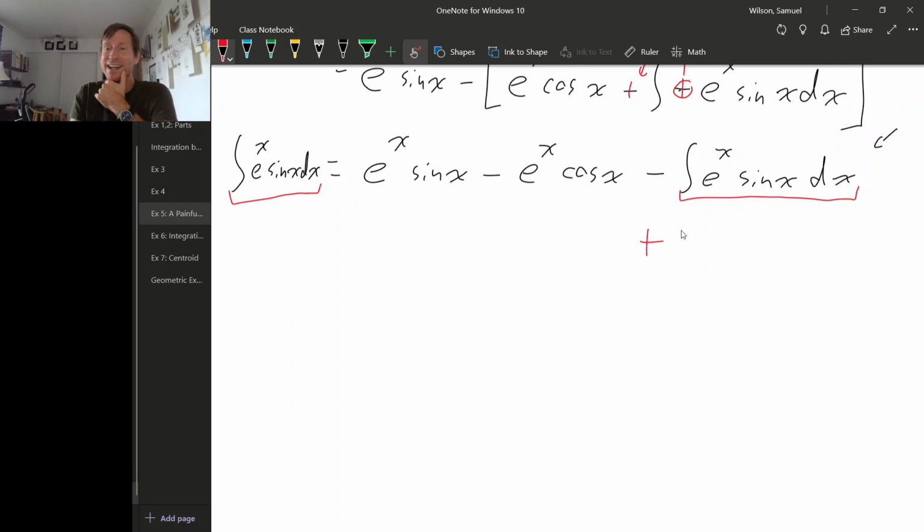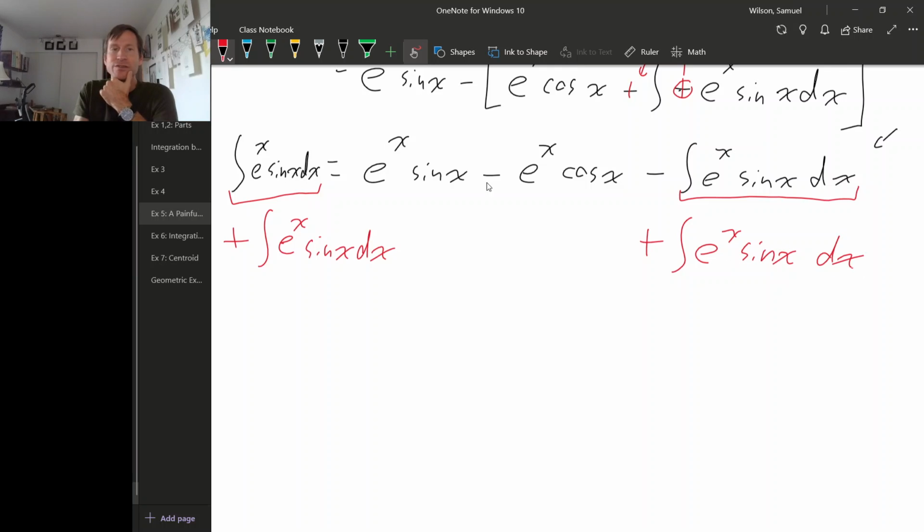So let's add to both sides the integral of e to the x sine x dx. So what do we get? On the left-hand side, we just get this integral plus itself, which is twice that, so 2 times the integral of e to the x sine x dx.